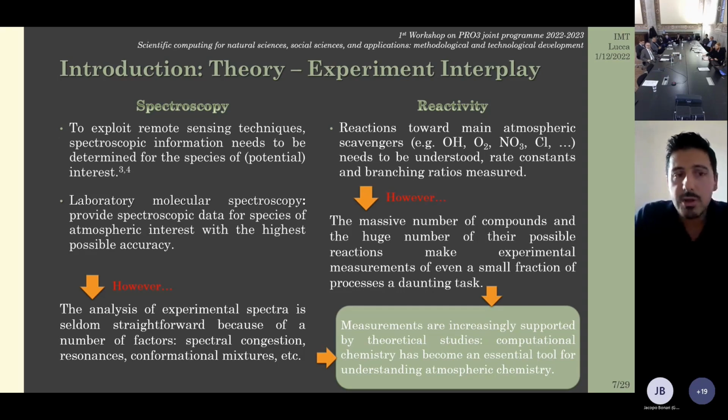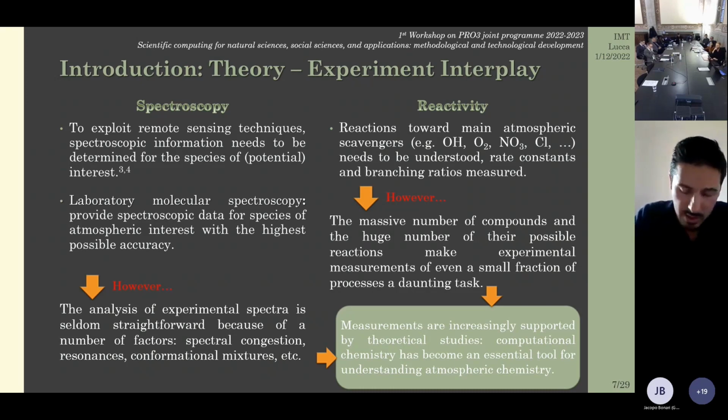And to exploit the observational data obtained by means of remote sensing techniques, we need first of all to accurately characterize the spectroscopic properties of the relevant molecules. This is usually done through laboratory experiments. Indeed, the main aim of laboratory molecular spectroscopy is to provide the spectroscopic data for the target species.